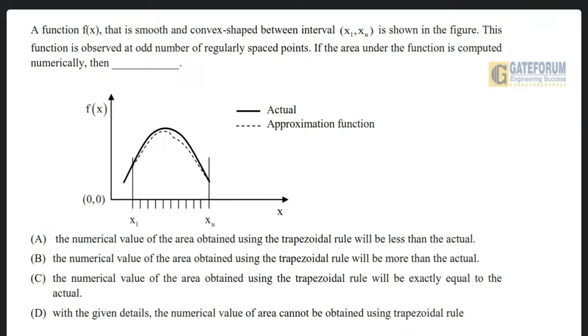The question is: a function f of x that is smooth and convex shaped between the interval x1 comma xu is shown in the figure. This function is observed at an odd number of regularly spaced points.